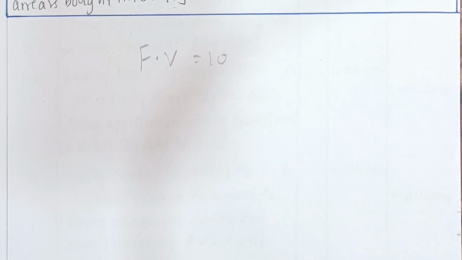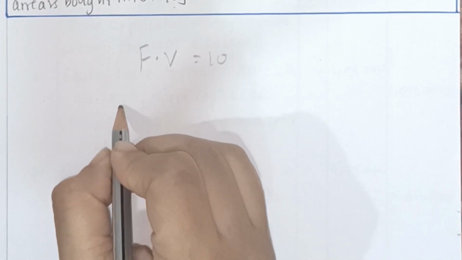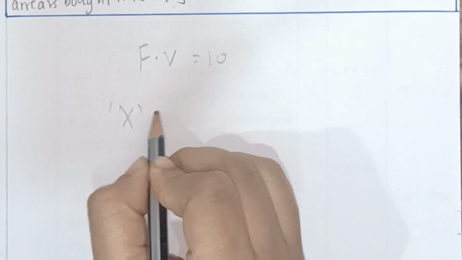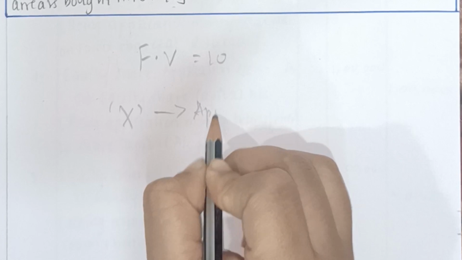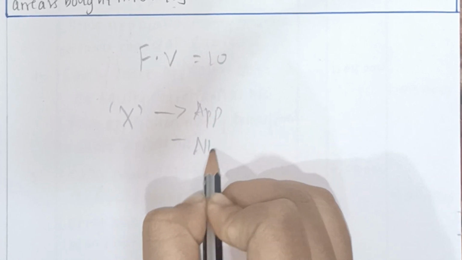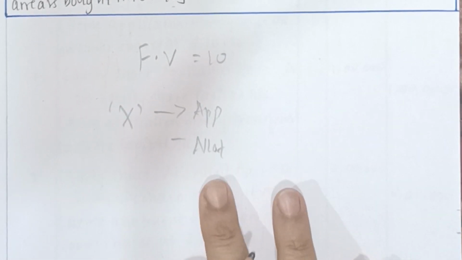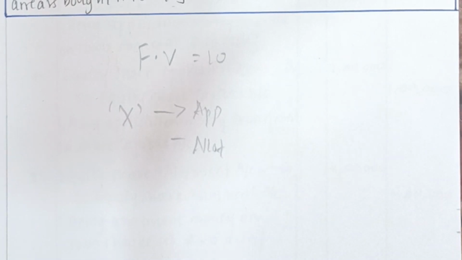Suppose there is a shareholder, for example, Mr. X. Mr. X pays the first 2 installments. He has paid application, he has paid allotment. But he has failed to pay the call money on the call date. So such a situation is known as calls in arrears.